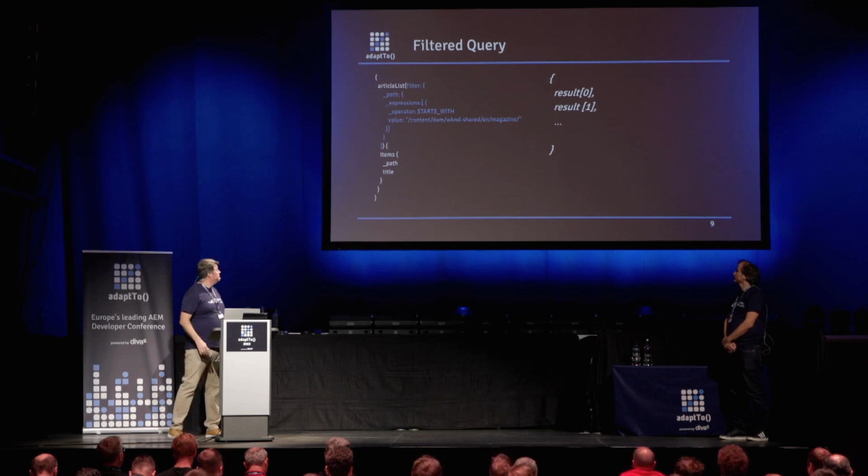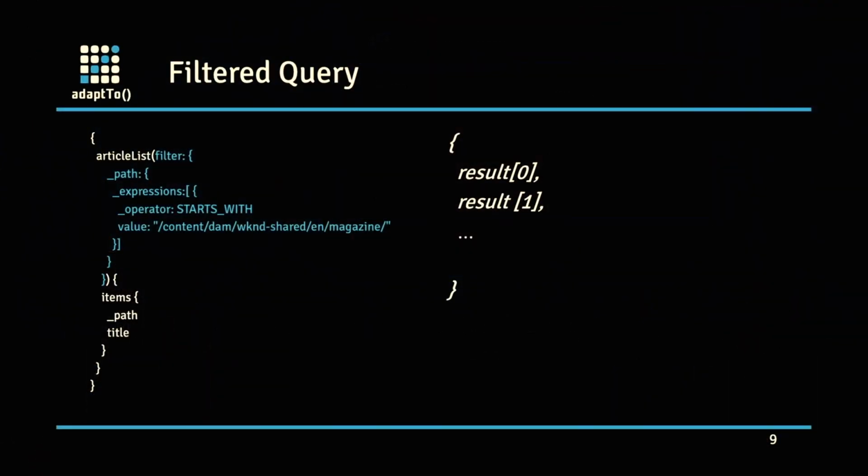So here you can see how a filtered query could look like. As you may see, there is a slash on the value, so content dam shared magazine.